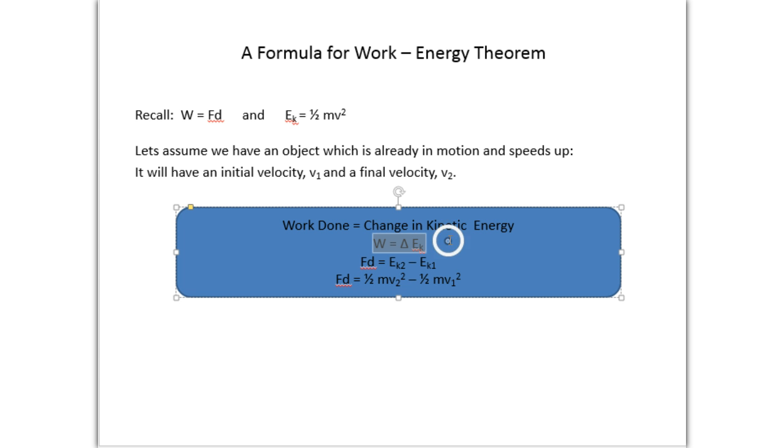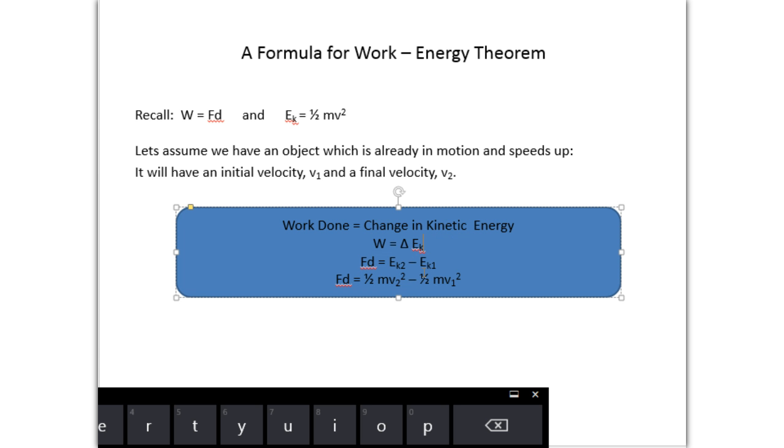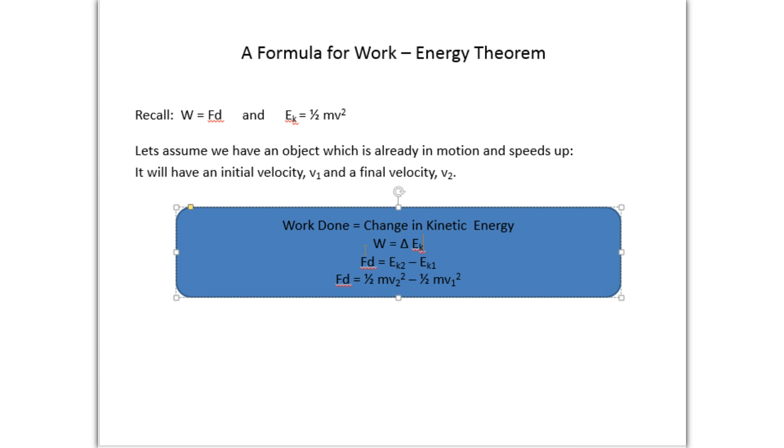So that would be your kinetic energy at the end, subtract kinetic energy at the beginning. The formula for kinetic energy we already covered is a half mv squared. And work is also calculated by force times distance. So in this formula, you have force, distance, mass, and velocity.